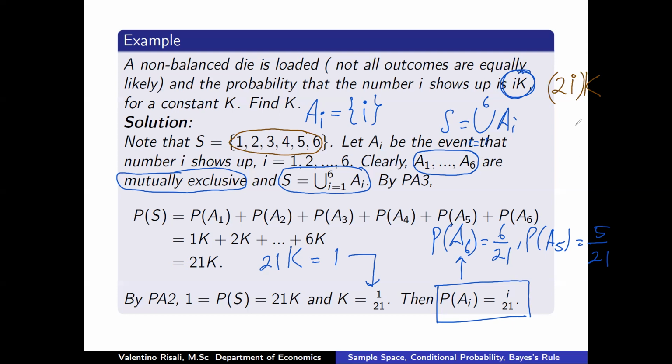On all of the numbers we multiply by 2. Let's say I change the question, I change the information. The probability is not i times k, that is 2i times k. Then you can write the denominator as the sum of these outcomes, right?